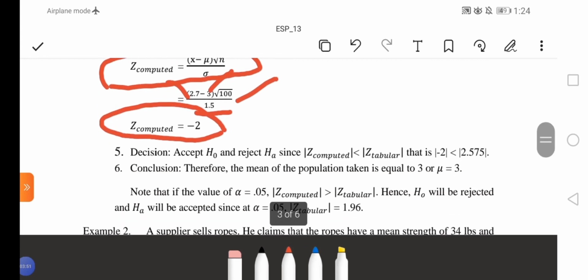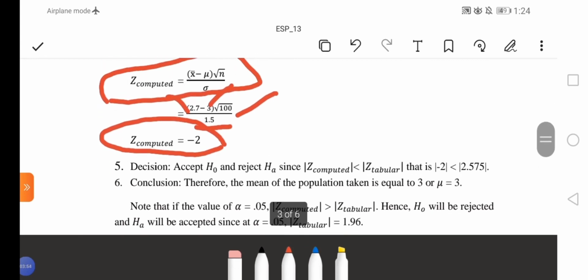For our fifth step, making decision. The decision will be accept the null hypothesis and reject the alternative hypothesis since the absolute value of z computed is less than the absolute value of z tabular, or that is, the absolute value of negative 2 is less than the absolute value of 2.575.